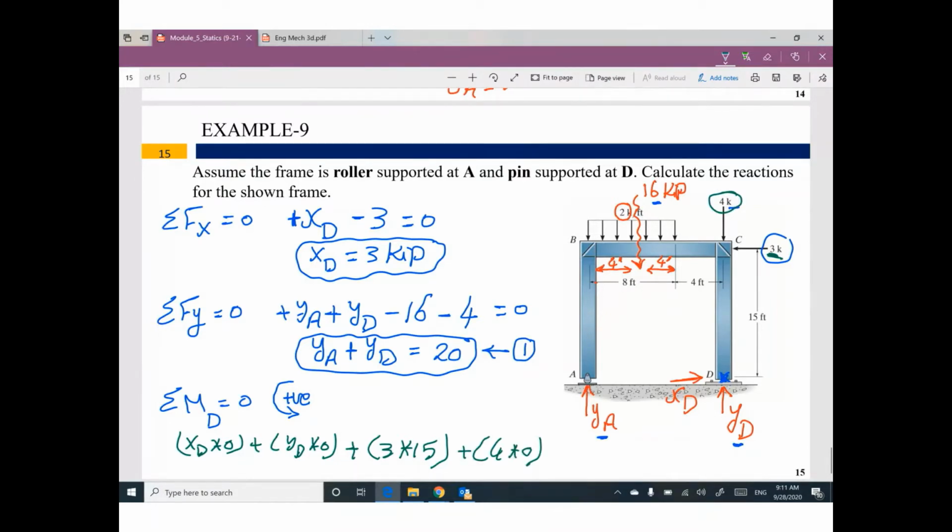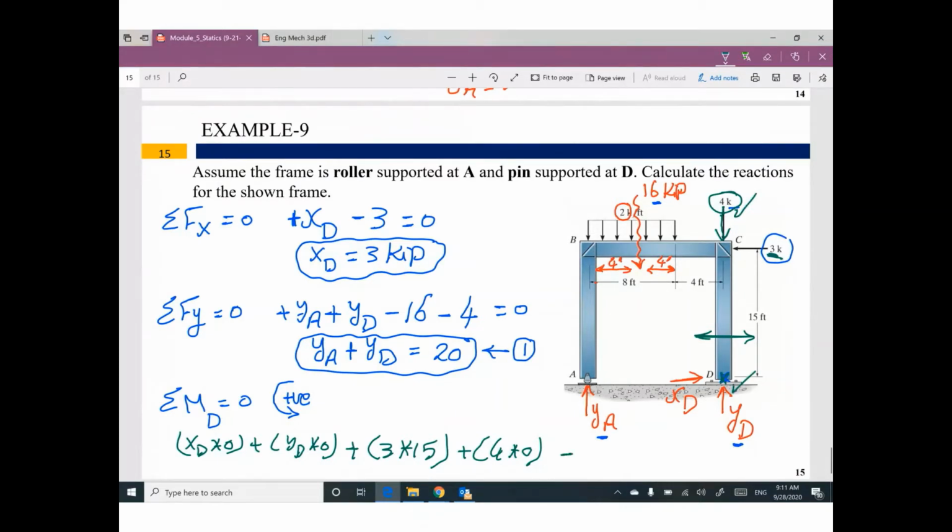Wow. 4, the distance between this force and this point is 0? Yes, because this force is vertical force. So I'm looking for horizontal distance. Do you think we have horizontal distance between this force and this point? No, we don't have. Keep going.